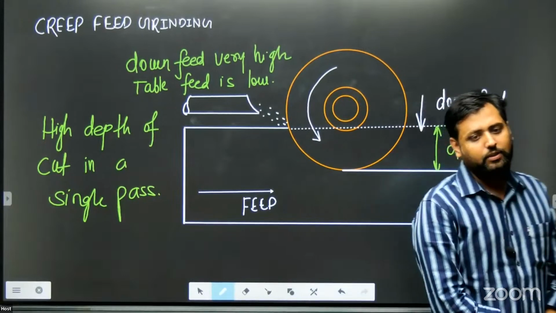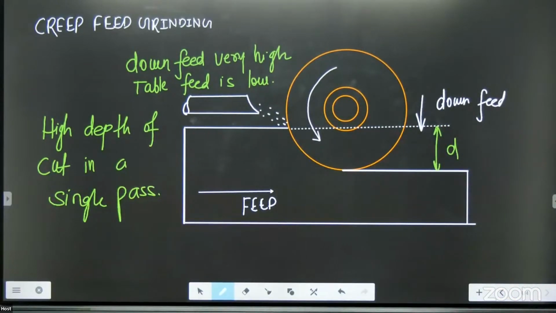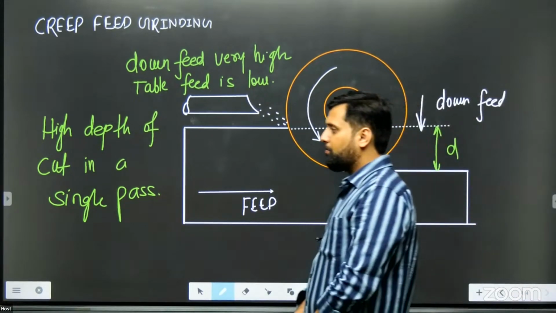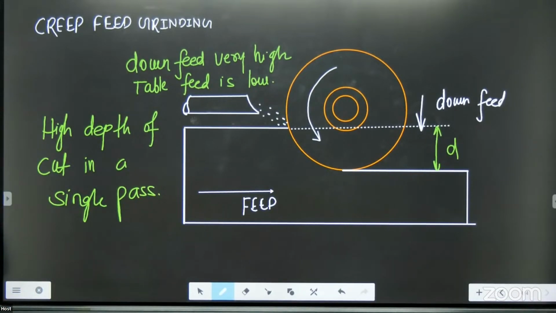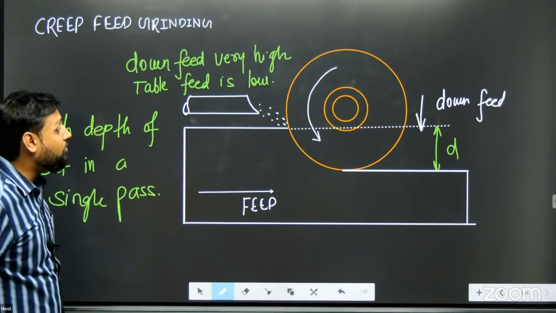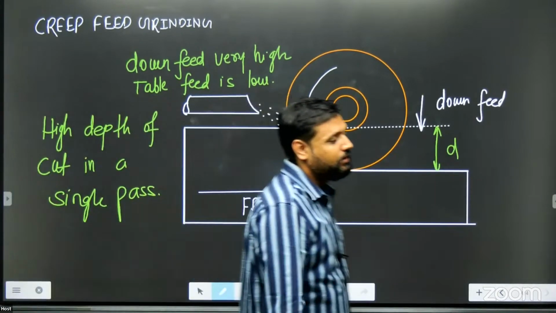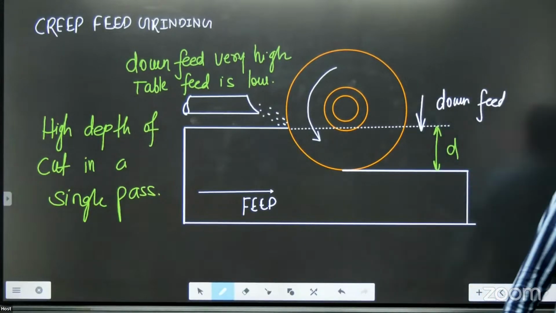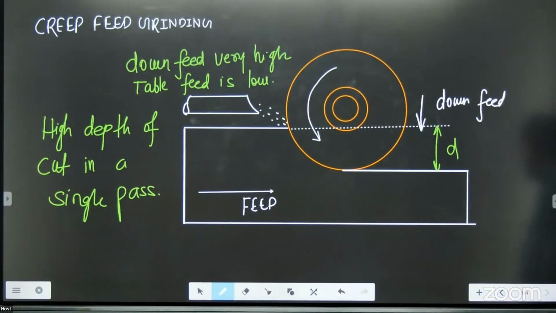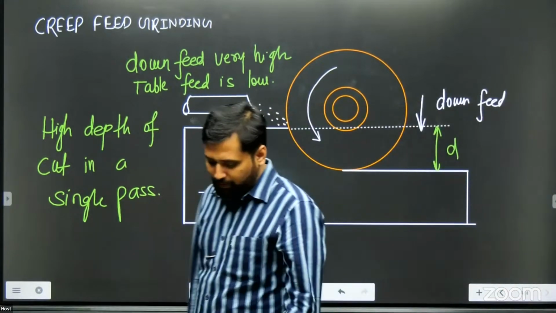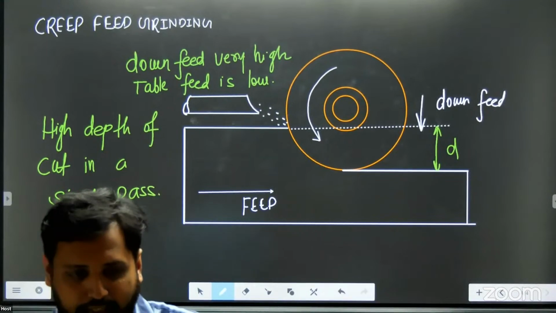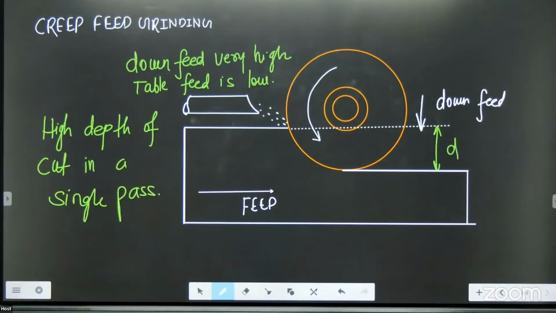But suppose the situation arises in such a way that you want to cut a large depth of cut, that too by grinding operation, then we increase the down feed, but to compensate for that increased down feed, we decrease the table feed. Okay? And that is how, my dear lovely students, you will be able to cut larger depth of cut in a single pass.